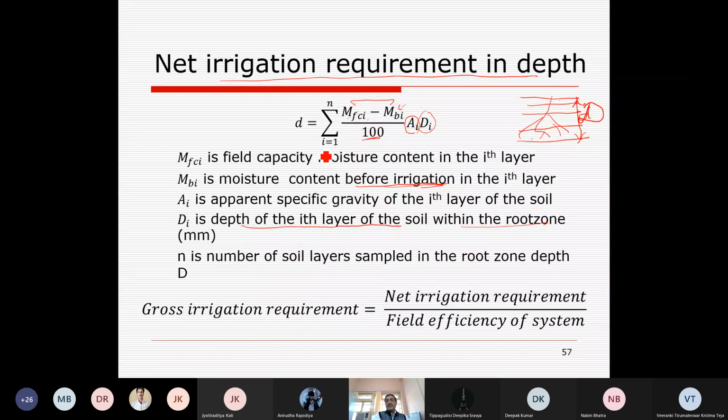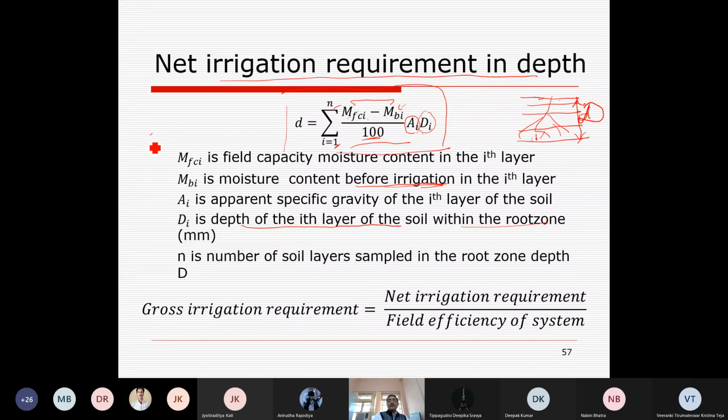So these layers go from i equal to 1, the first layer at the top, to n, the bottom maximum, covering the root zone depth. This is the simple idea of finding out the net irrigation requirement at the time of irrigation, how much water in terms of depth is required.